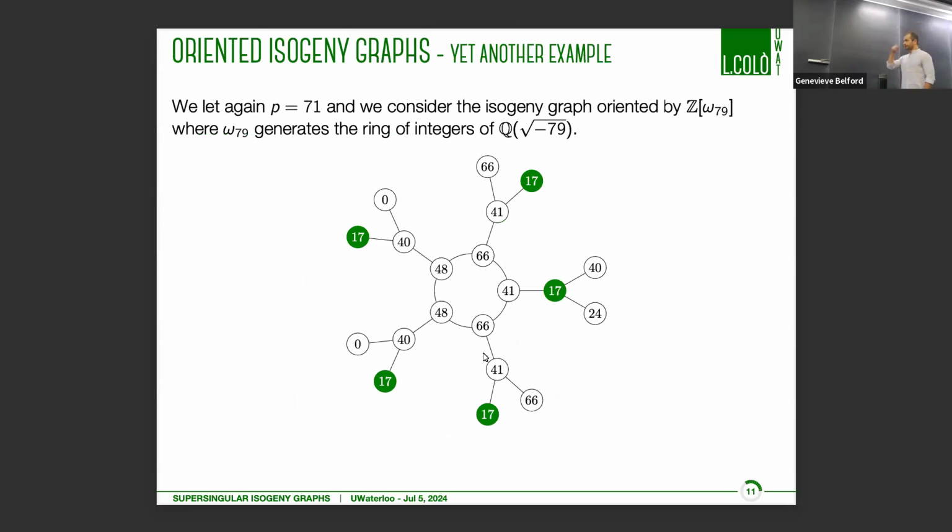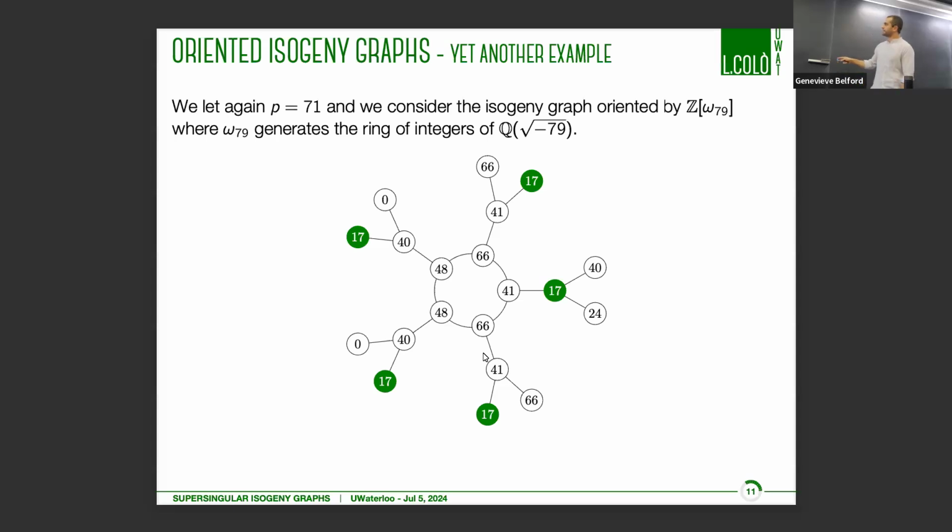Here is just another example. Same characteristic, so 71. But this time, we are orienting everything by the ring of integers of Q(√-79). Again, this is the top view of the volcano. This is a class number 5 order, so the crater would be of dimension 5.